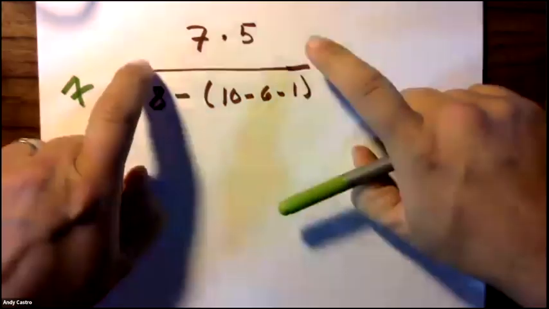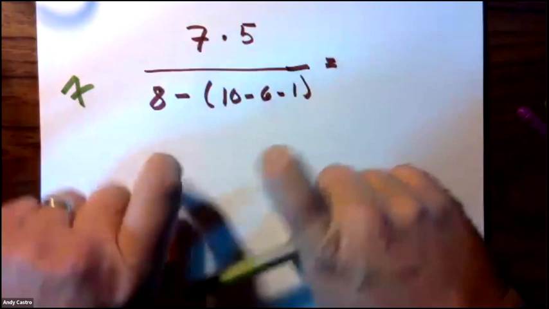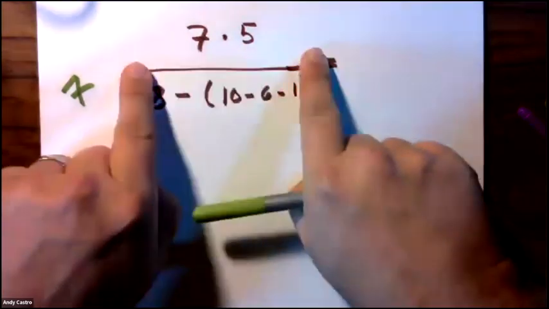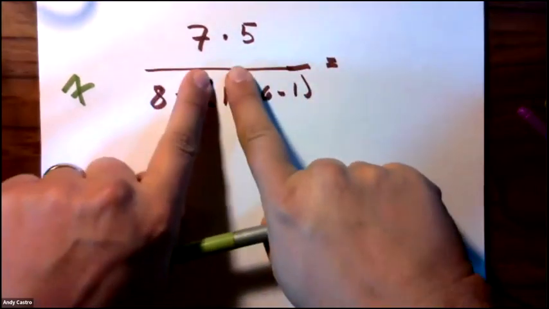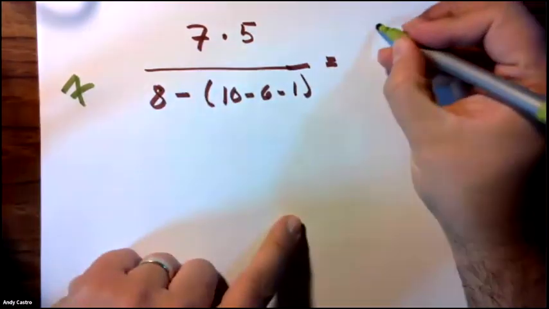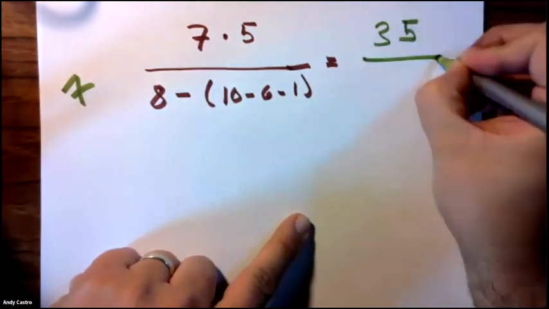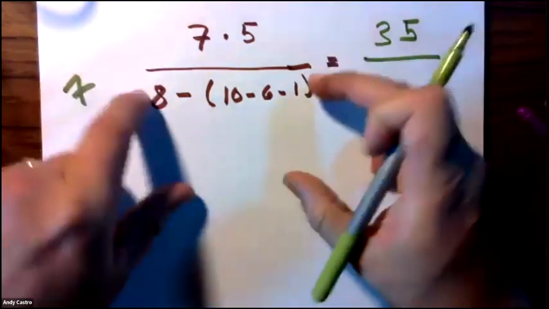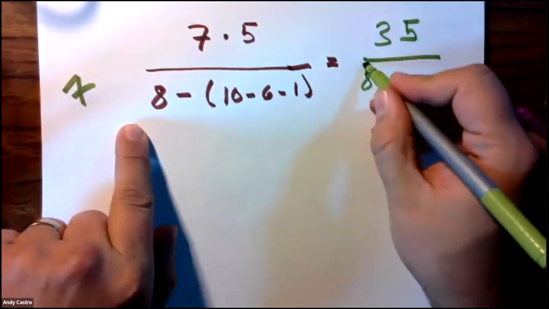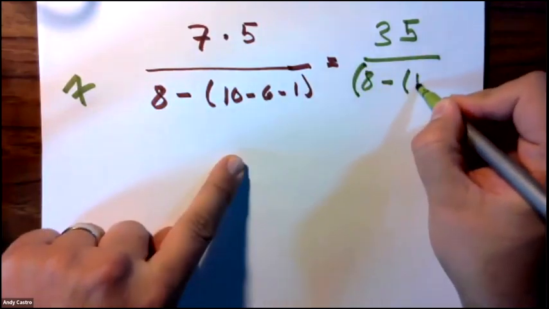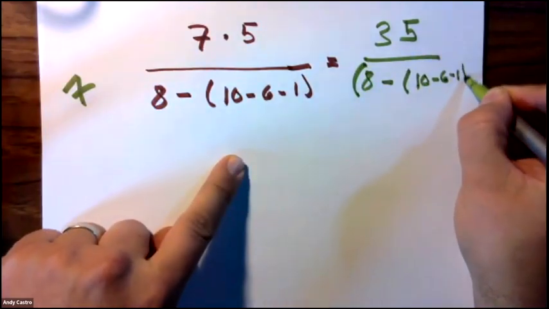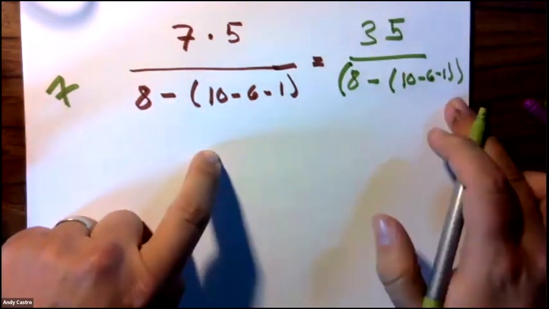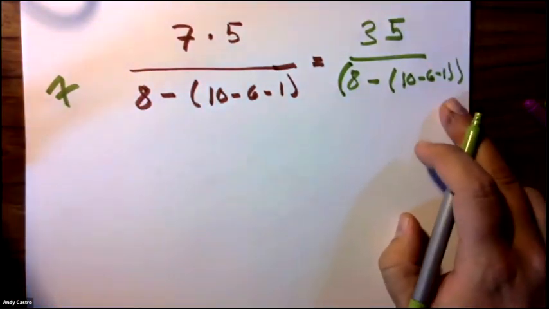All right. So remember that the big vinculum means that we have parentheses on bottom and parentheses on top. The top is pretty easy. That's 7 times 5. So I can go ahead and write that as 35. And then in the bottom, this whole thing is in parentheses. We have 8 minus the parentheses of 10 minus 6 minus 1. So you can do the box thing again that I showed you. That's really helpful.